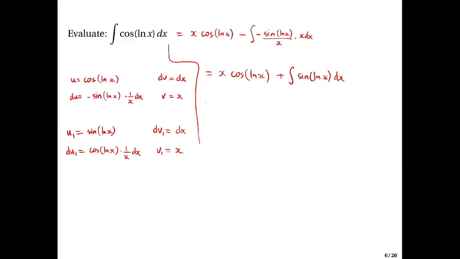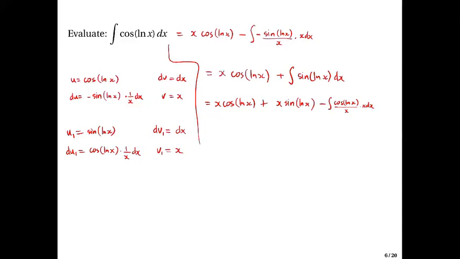Therefore, we just copy x cosine of ln of x plus, and then we integrate sine ln of x dx. We use integration by parts here again. We have x sine ln of x minus the integral of v1 du1. So you will have here the integral of cosine ln of x over x times x dx.